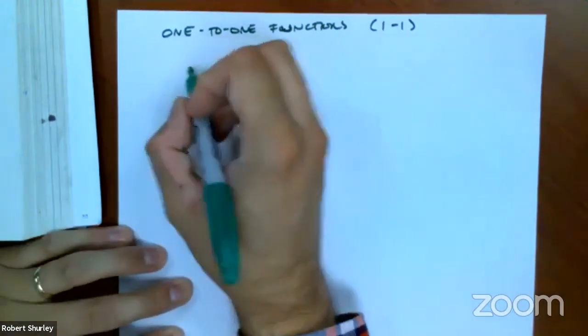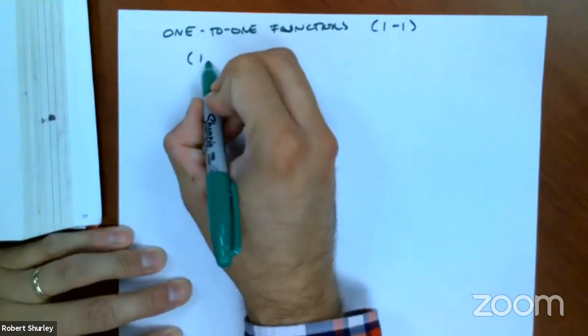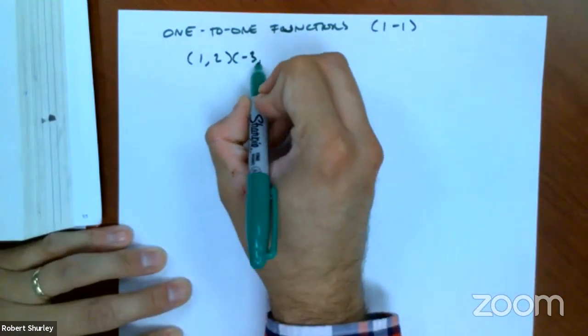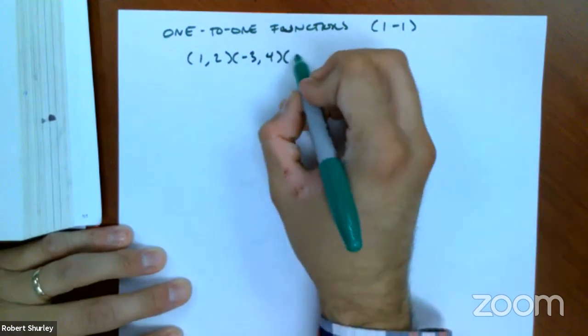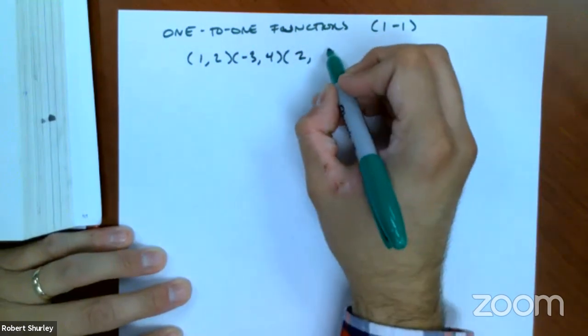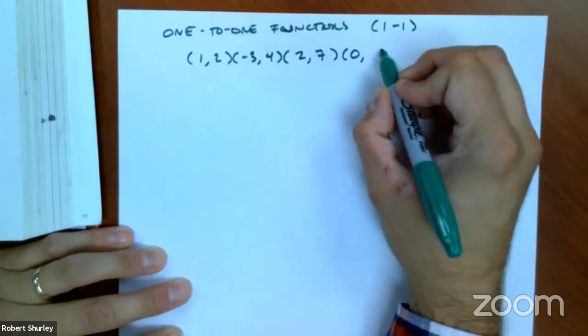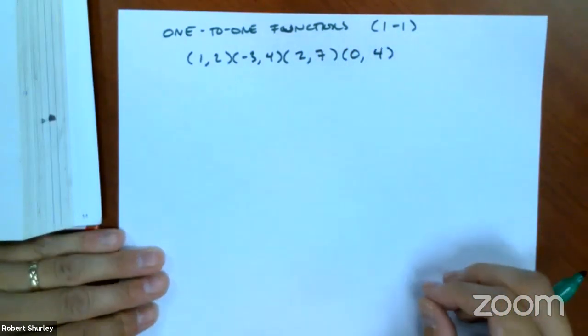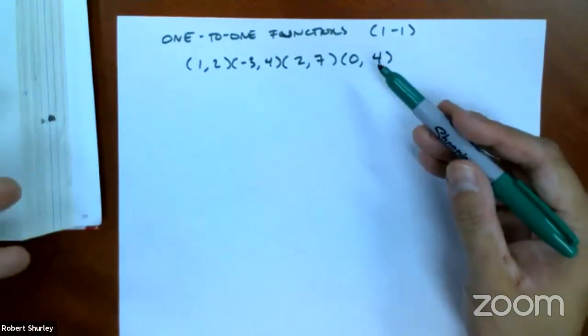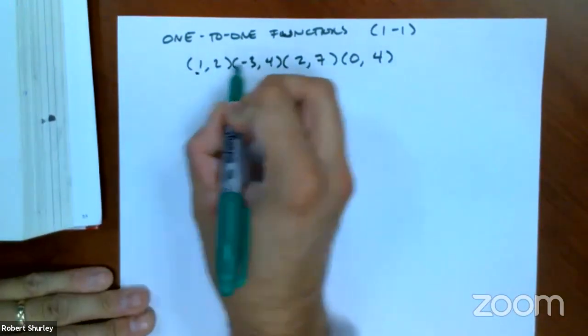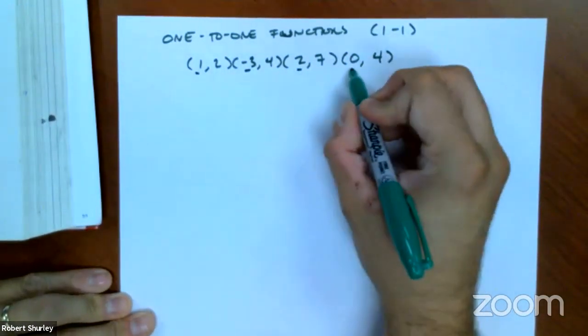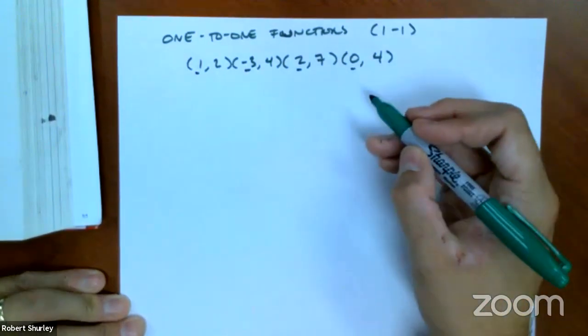If we looked at some coordinates here, like (1, 2), (-3, 4), (2, 7), and (0, 4). If I asked you, is this a function? You'd say, yeah, let's look at the x's: 1, -3, 2, 0. Yeah, this is definitely a function.